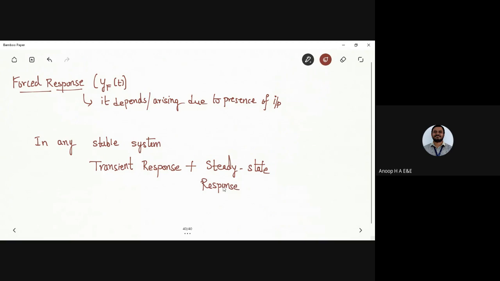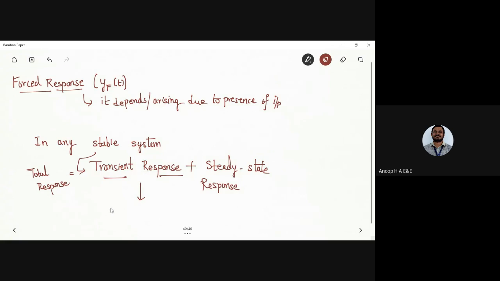Now, this is in a stable system. That is nothing but the total response of the system, which is equal to transient response plus steady state response.